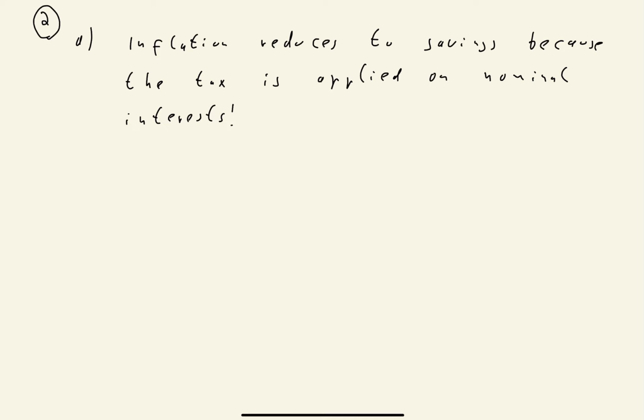So what information did we have in the exercise? We had information that the real interest rate is 5%, and the nominal interest rate is then the 5% plus the expected inflation, so it's 15%. So the nominal interest rate is 5% plus 10%, so it's equal to 15%.